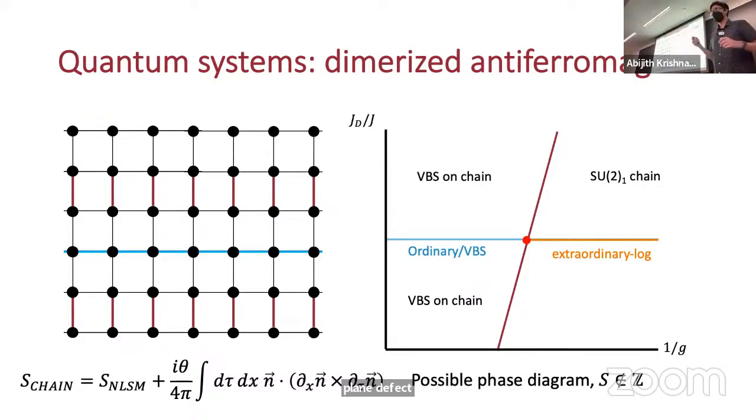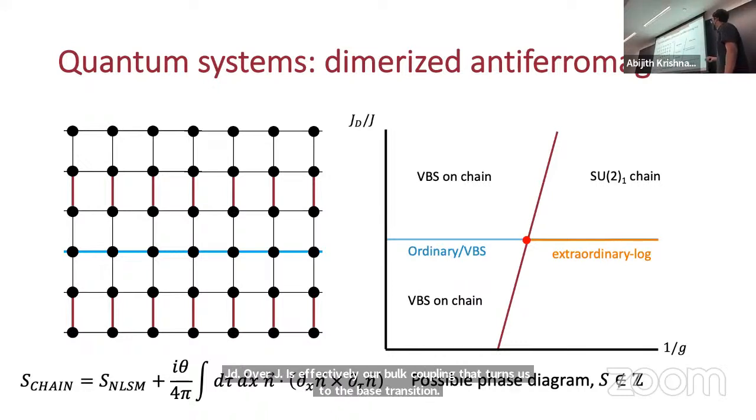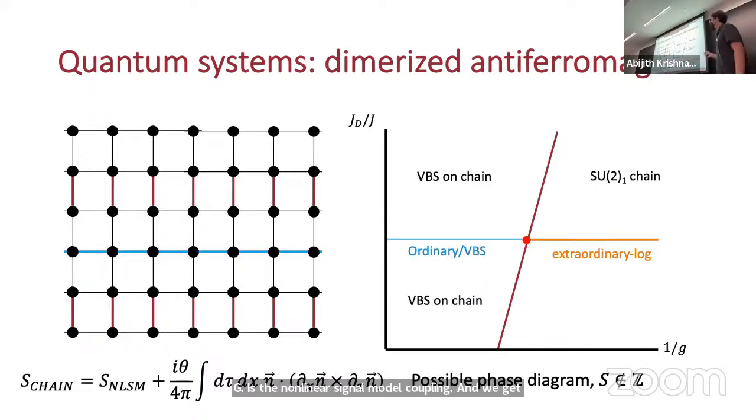So just as a brief description of this phase diagram, here JD over J is effectively our bulk coupling that tunes us through the bulk phase transition. G is the nonlinear sigma model coupling. And this is a possible phase diagram that we could get.